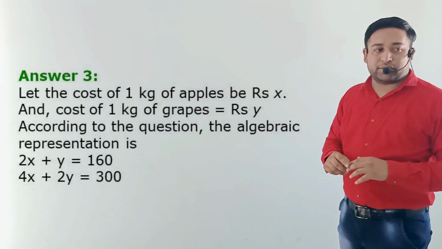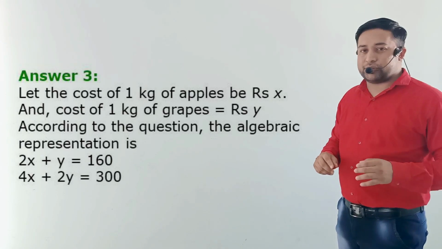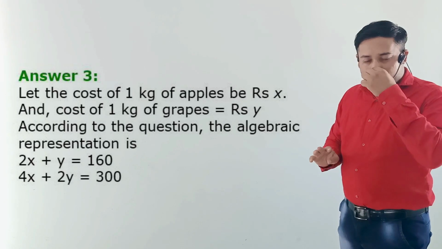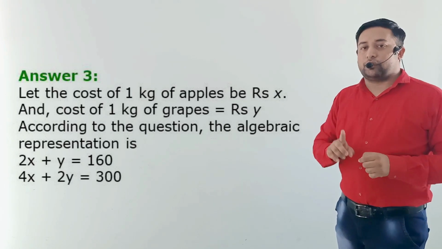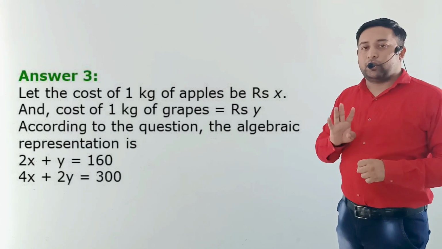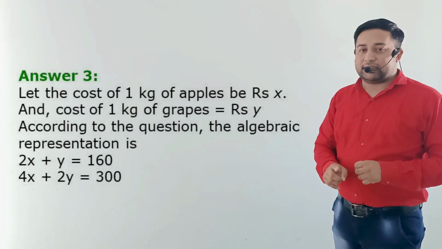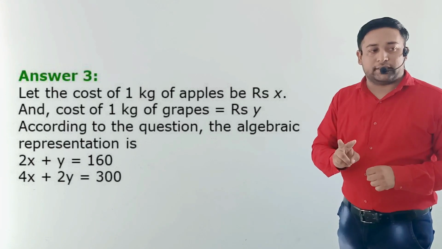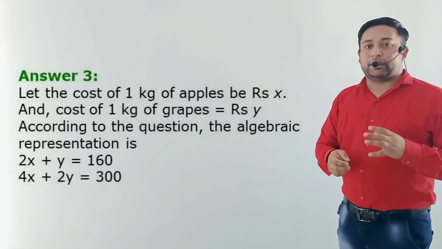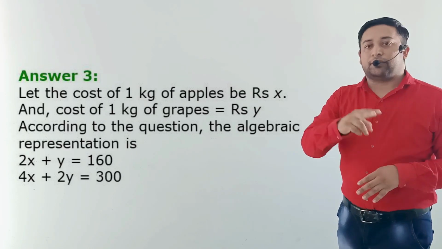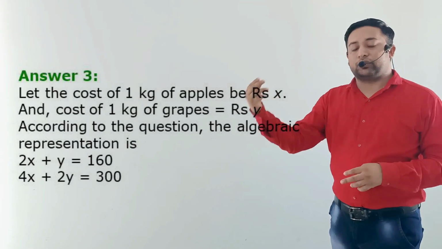What is the other situation? It says 4 kg of apples and 2 kg of grapes. The cost of 1 kg apple is x, so 4 kg apples is 4x. The cost of 1 kg grapes is y, so the cost of 2 kg grapes is 2y. And the total cost is 300.